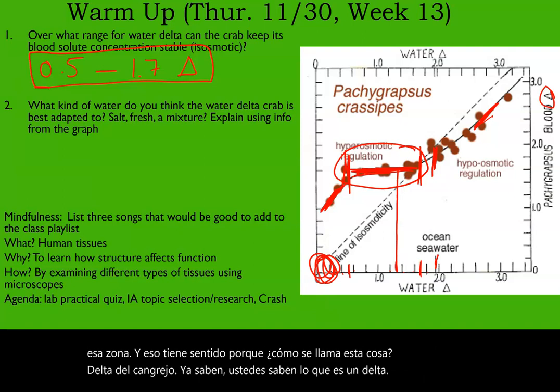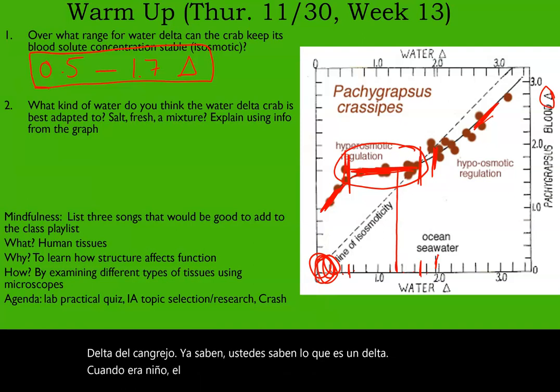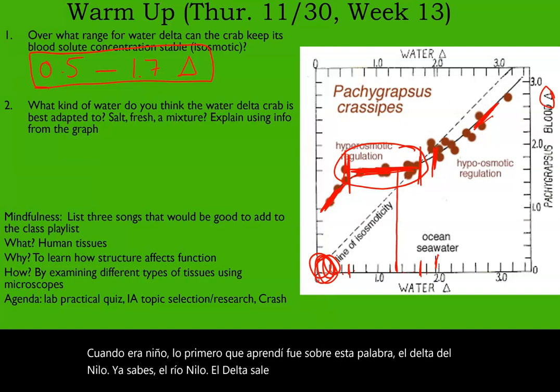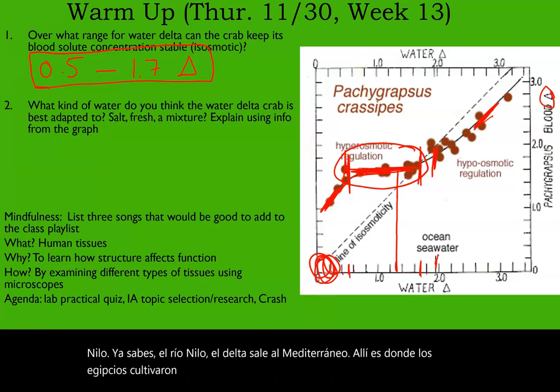When I was a kid, the first one I learned about, this word, the Nile Delta. The Nile River. The delta goes out to the Mediterranean. That's where the Egyptians grew all their papyrus and all that stuff. And now it's a huge agricultural area.